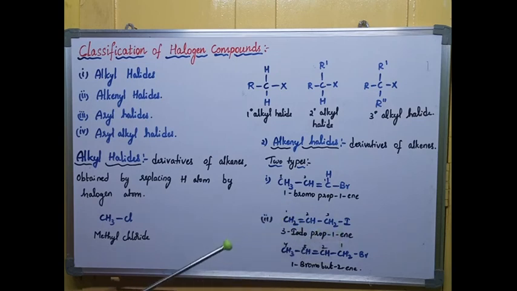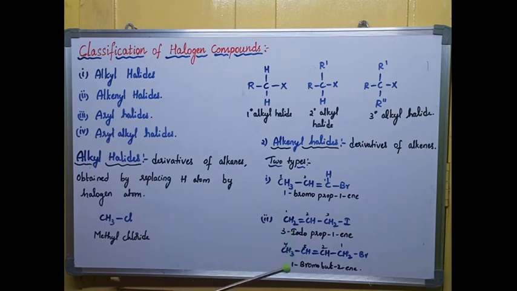Coming to the next one: CH3, single bond CH, double bond CH, and CH2Br. To the sp3 carbon, again bromine is attached. If I give numbering from this side, 1, 2, 3, 4, the double bond gets the same numbering from either side, 1, 2, 3, 4. Here the substituent also gets the least number, so I'm giving numbering from this side.